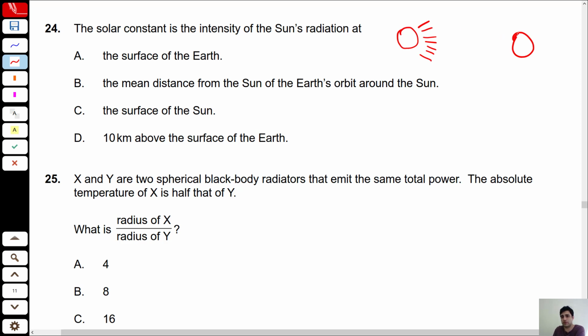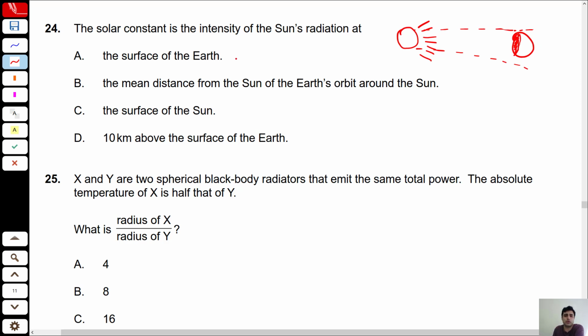It is only the front face, the front side of the Earth that will receive the energy. See here? That is why, for example, this side will be daylight and the back side will be nighttime because there's no light reaching the other side of the Earth. Only the front side is receiving the light, right?